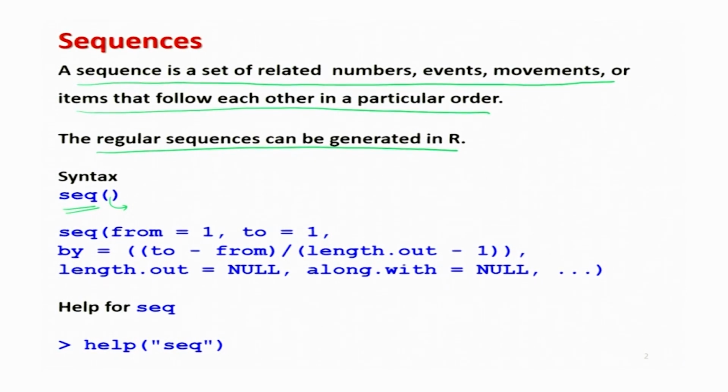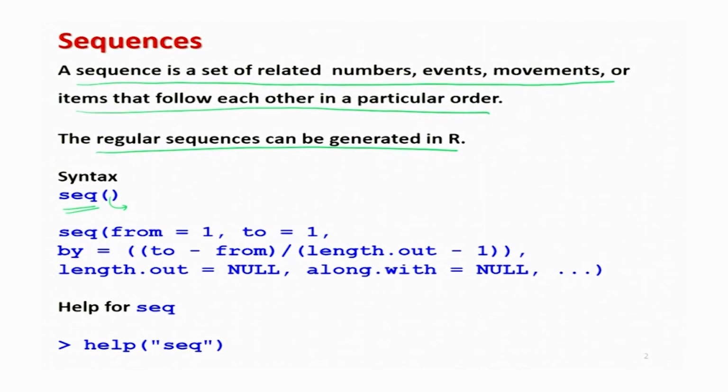Now, there are many options in this syntax seq, all in lowercase alphabets, but I am going to consider here some popular options which I personally feel are going to be useful when you are trying to handle the numerical values.